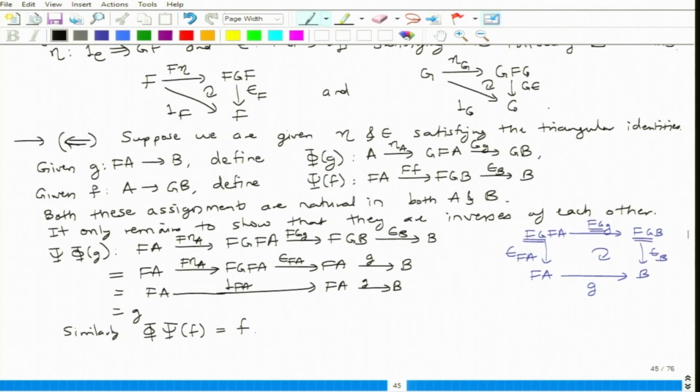Still confused? I'm confused about how phi and psi are defined. They are defined on morphisms. Phi and psi are defined on morphisms.